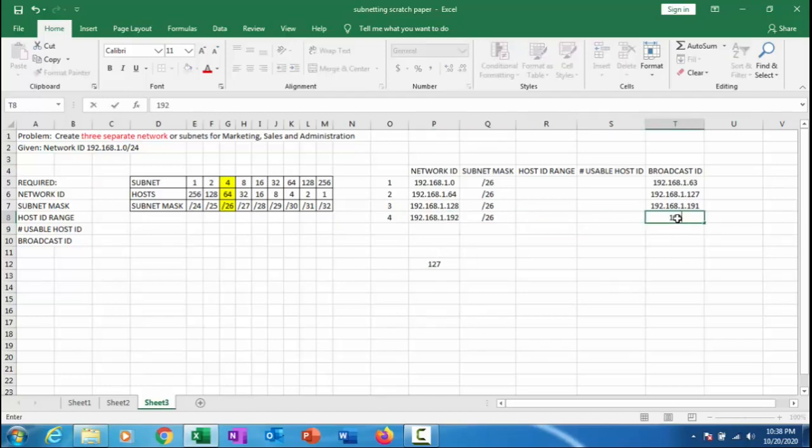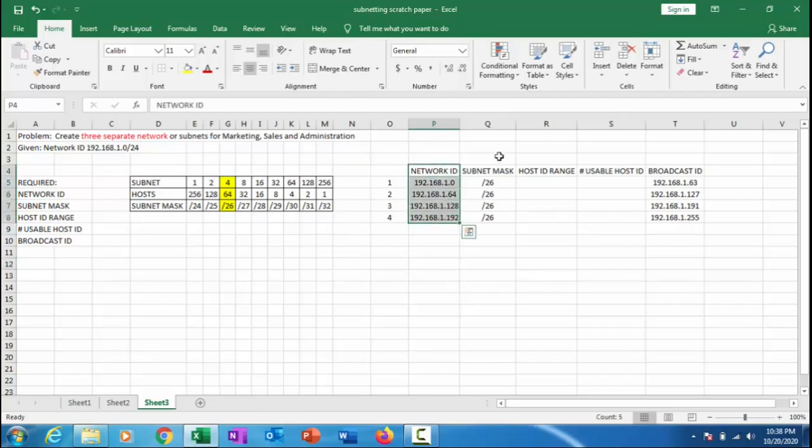So 192.168.1.255. Let's check it. Okay, that's correct. 255. So we're good to go with we've already filled up network ID, subnet mask, and broadcast ID.